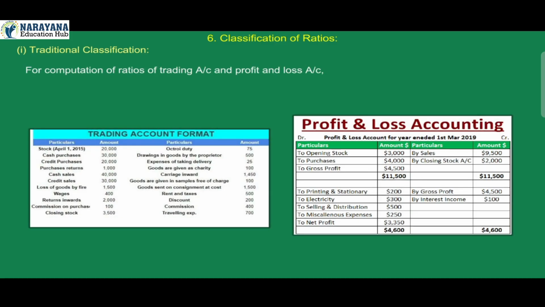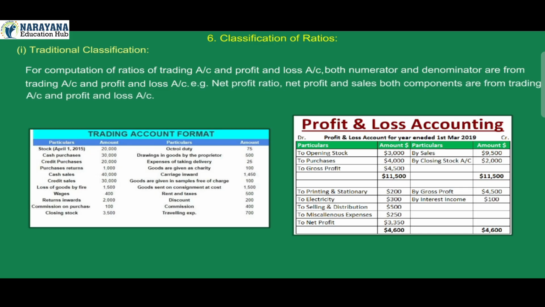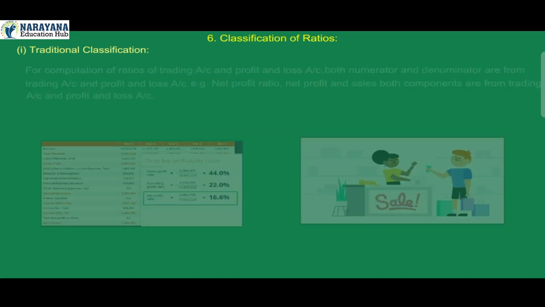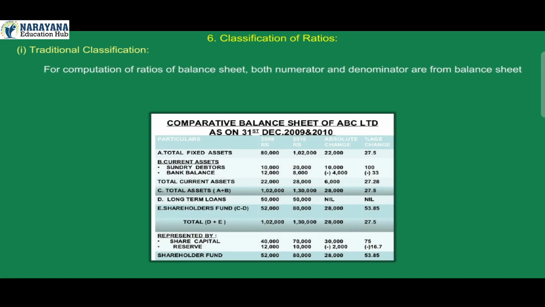For computation of ratios of trading account and profit and loss account, both numerator and denominator are from trading account and profit and loss account. Example, net profit ratio, net profit and sales, both components are from trading account and profit and loss account. For computation of ratios of balance sheet, both numerator and denominator are from balance sheet.